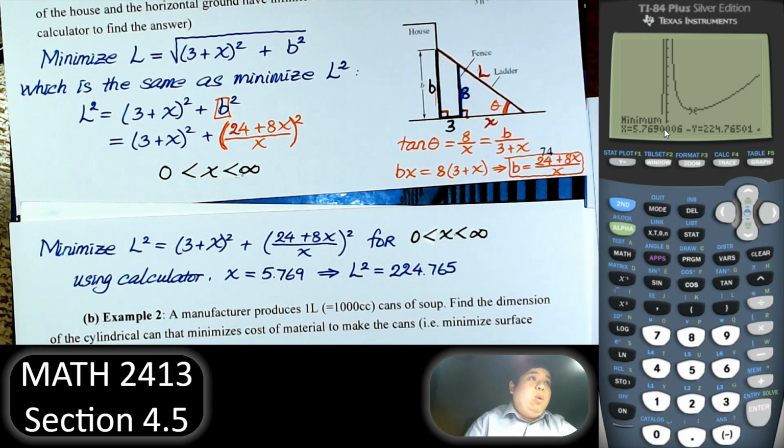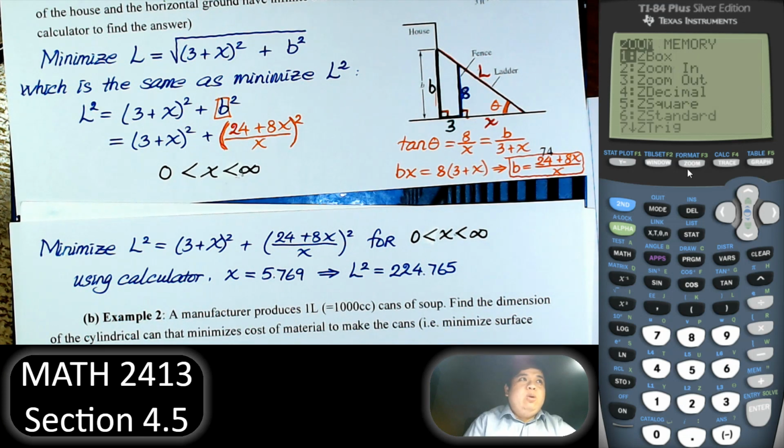Right. Now when we're done, I recommend that we hit zoom number 6 to go back to the standard window. Of course, usually if you don't see that, you can also hit zoom out.